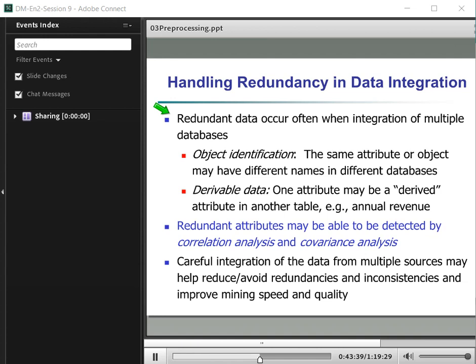Okay, the answer is that I have to use an object identifier. For example, they can use my national code as a primary key in their datasets, because my national code is unique.